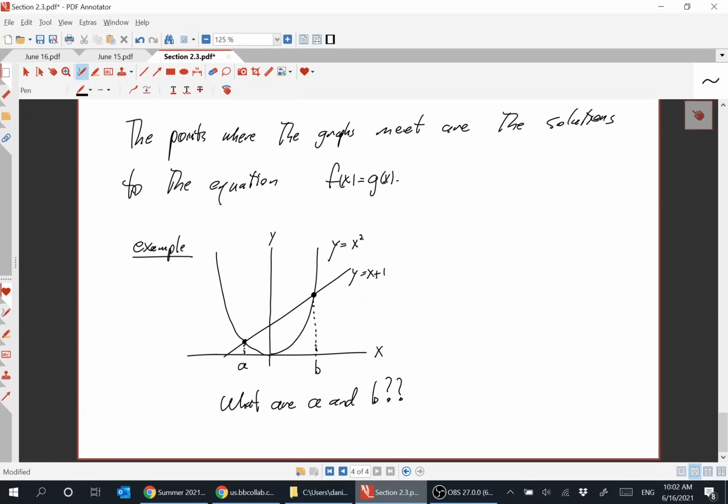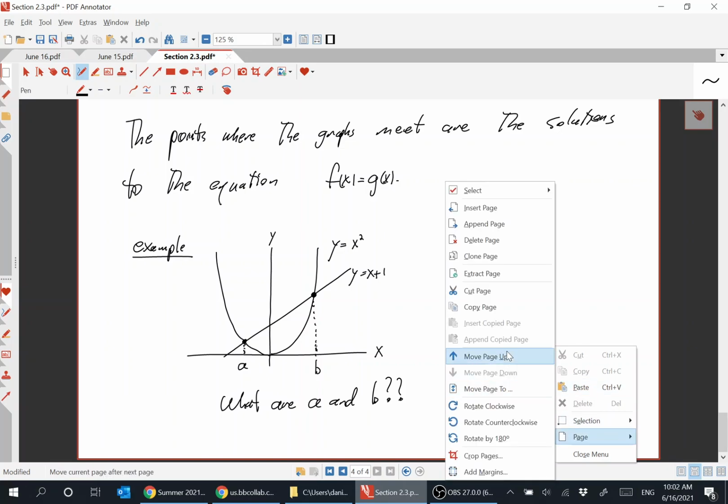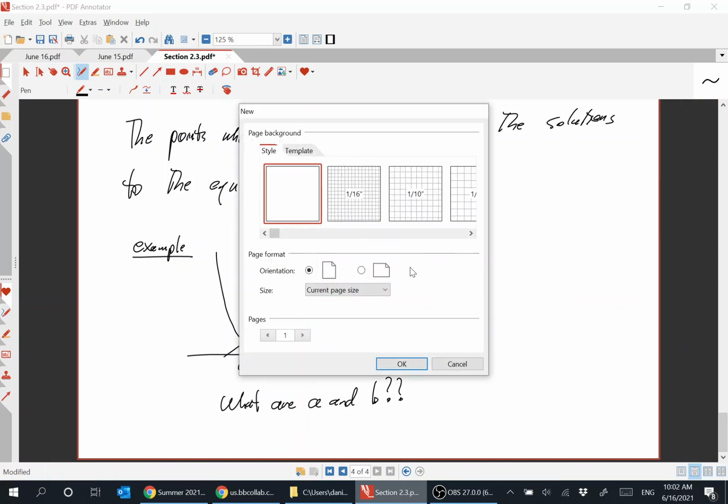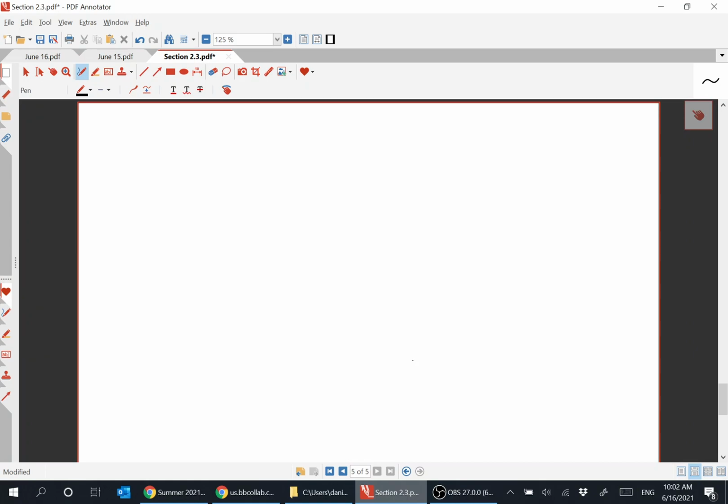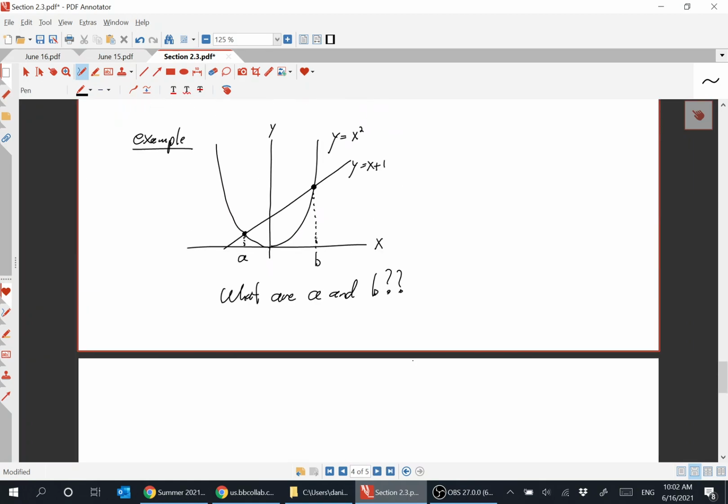Well, they are solutions to x squared equals x plus 1.